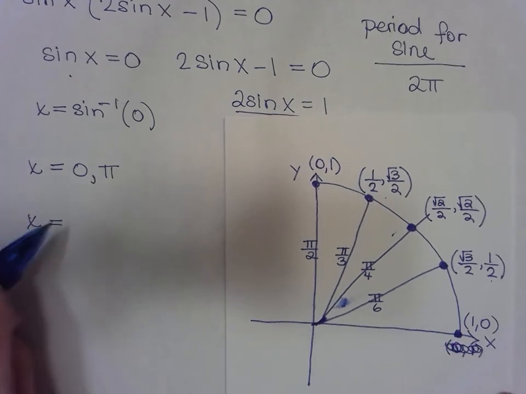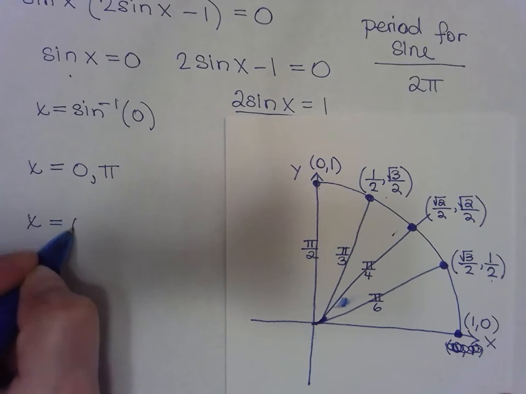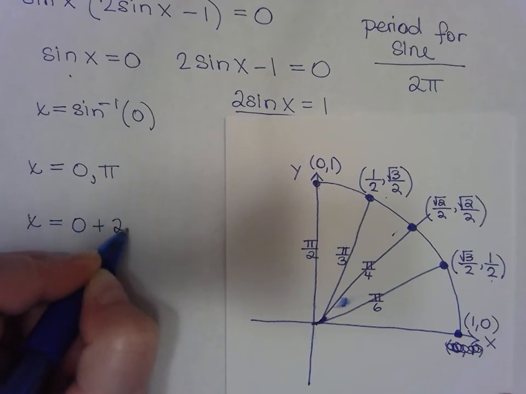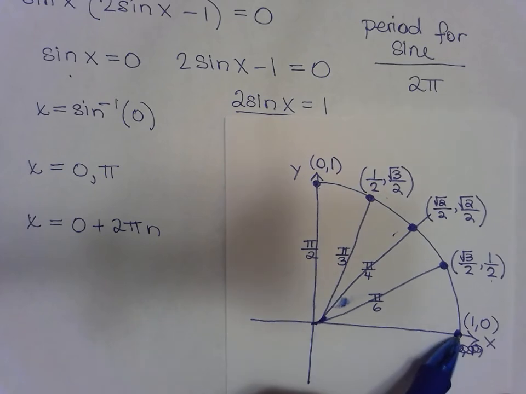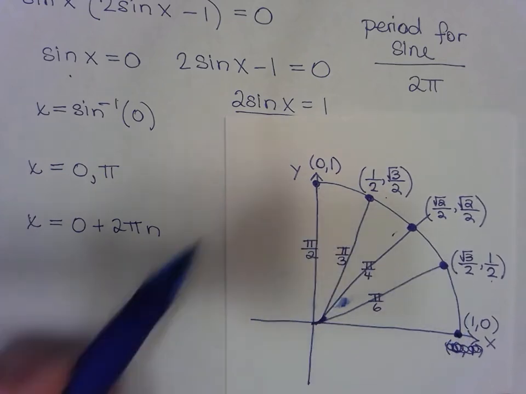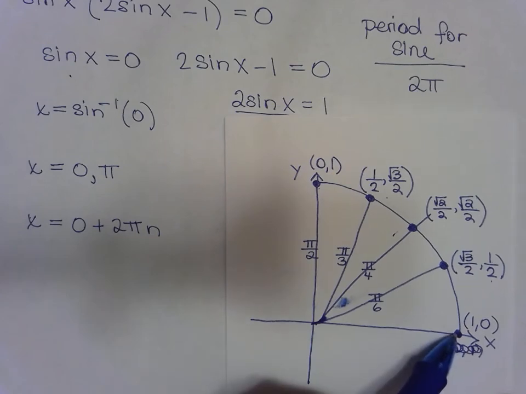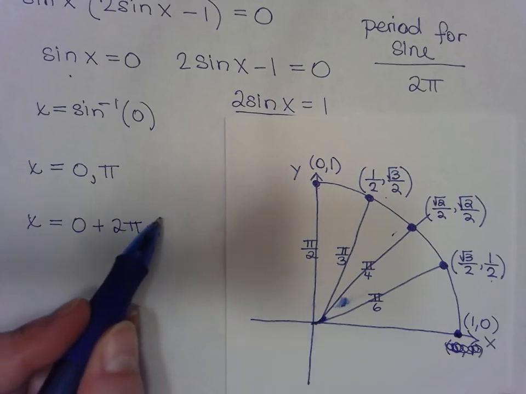All right, so originally I wrote it like this. That's going to be all of the places where we hit the x-axis, right? At 0, then I go a full rotation, I'm back here to 2 pi, a full rotation, 4 pi, etc., right? And here n is any integer.